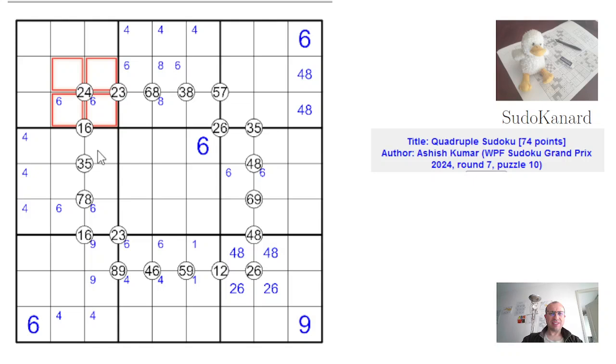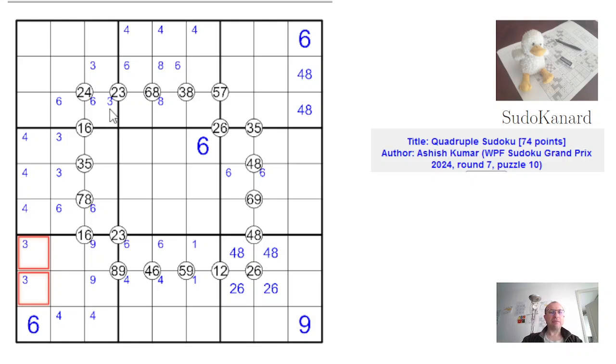So what is the next step? There's a 3 in here, so there's no 3 there. There has to be a 3 here. And that's interesting on several counts. The first is that 3 in this quad must be there, and there will be a 3 here.